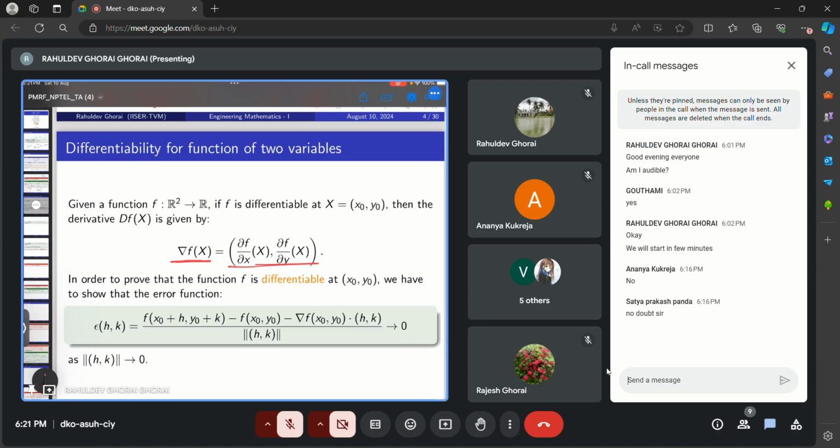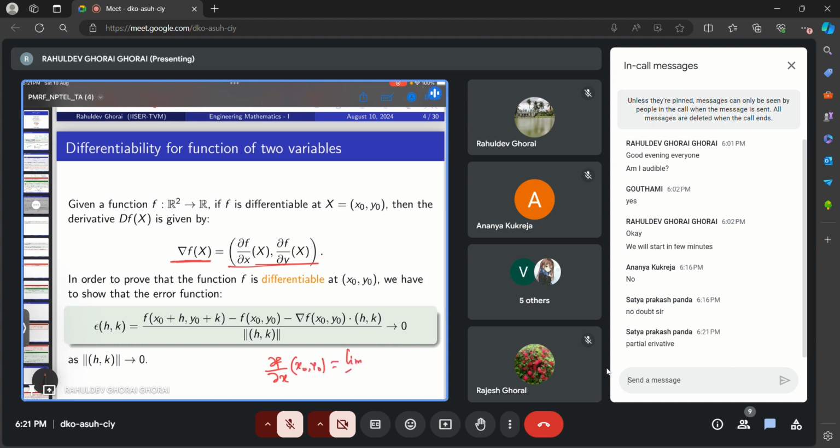For the sake of understanding, I will be writing x naught y naught for one at least. This will be the limit as h tends to 0 of f of x naught plus h, y naught minus f of x naught y naught over h. So this limit is del f del x, and del f del y will be the limit of f of x naught, y naught plus k minus f of x naught y naught over k.